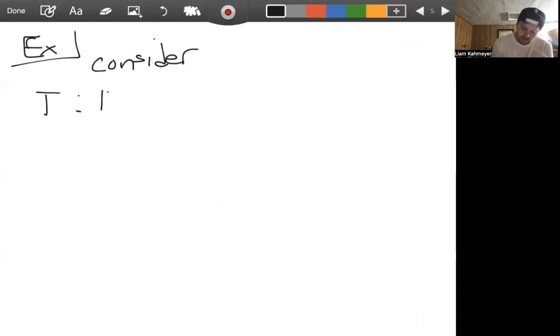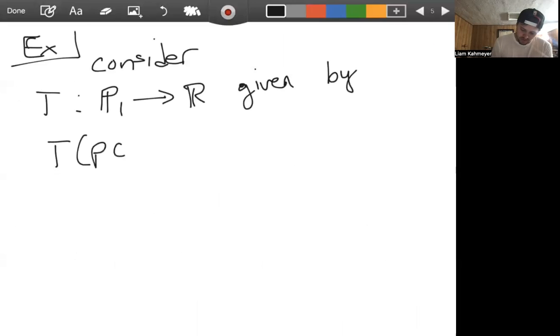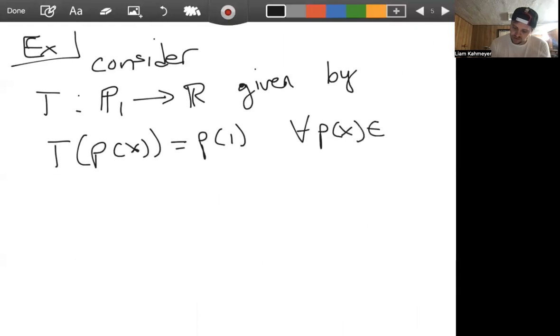So let's consider, here's an example, T from P1 to R given by T of P of X is equal to P of 1, for all P of X contained in P1.